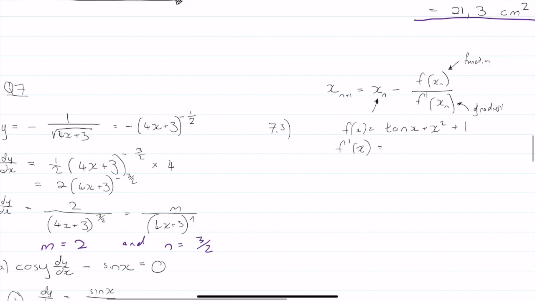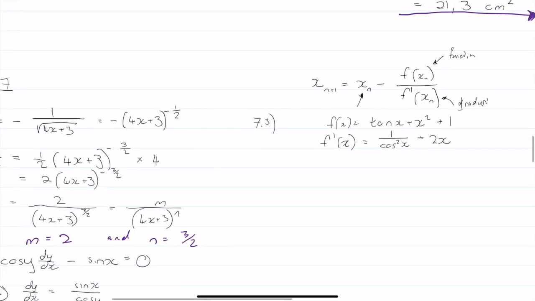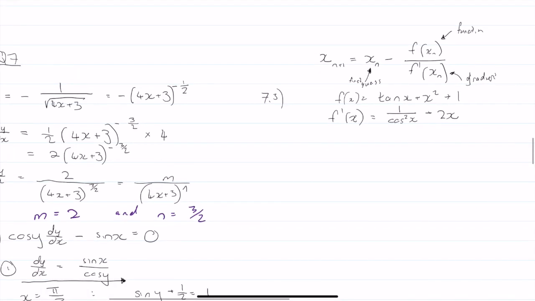The derivative of tan is sec squared, and sec squared is 1 over cos squared of x, plus the derivative of x squared, which is 2x, and the derivative of 1 is 0. So now we've also been given our first guess, or our guess value. Okay, so x_0 is equal to minus 1, as it was given in the question.